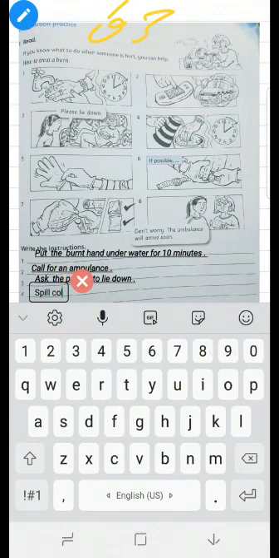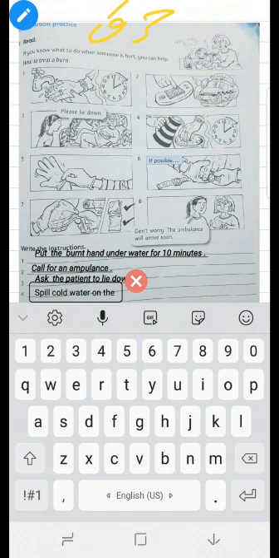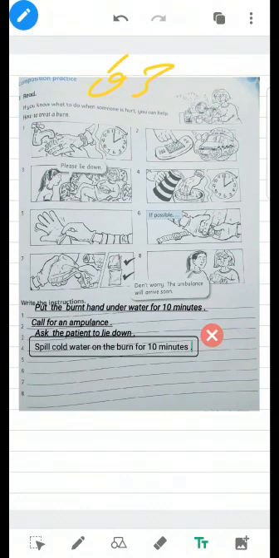Spill cold water on the burn. على الحرق. For 10 minutes also. Don't forget the full stop, okay? Spill cold water on the burn for 10 minutes.